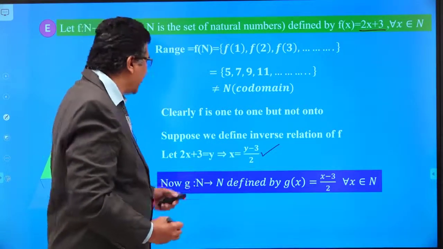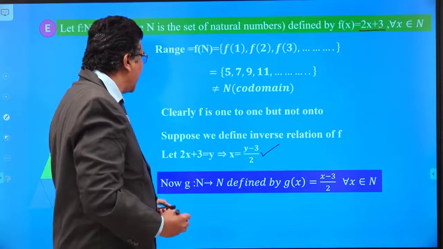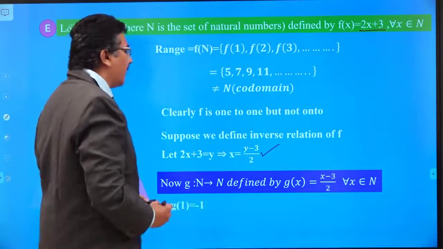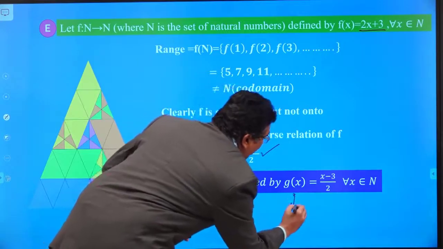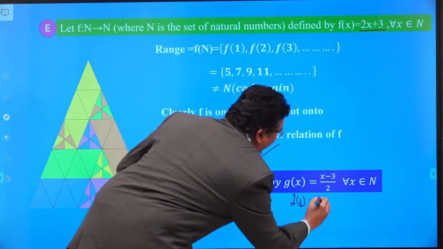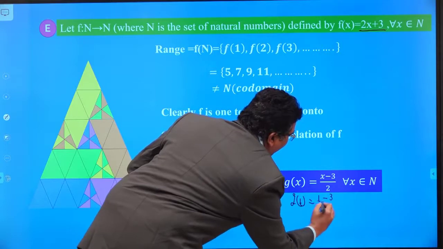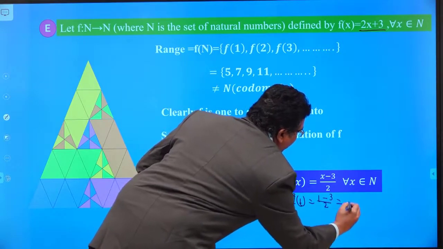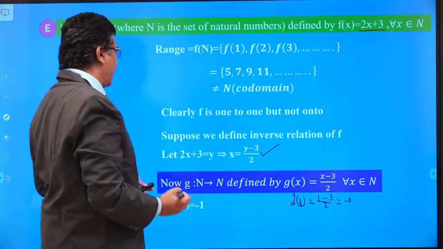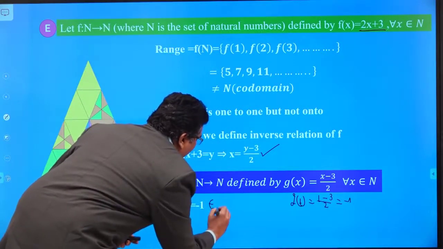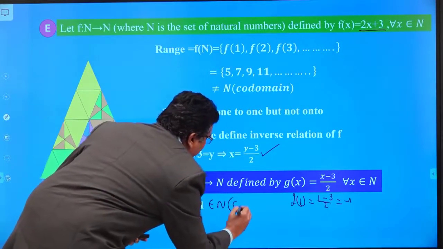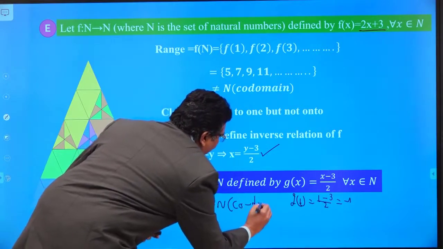For that, finding g of 1. g of 1 is equal to (1 minus 3) by 2, that is equal to minus 1. Minus 1 does not belong to N, that is codomain.